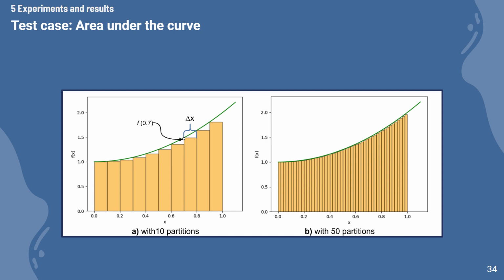For this, the area of each rectangle in the interval is calculated and all the areas are summed to obtain an approximation of the total area under the curve. The greater the number of rectangles, the better the approximation.